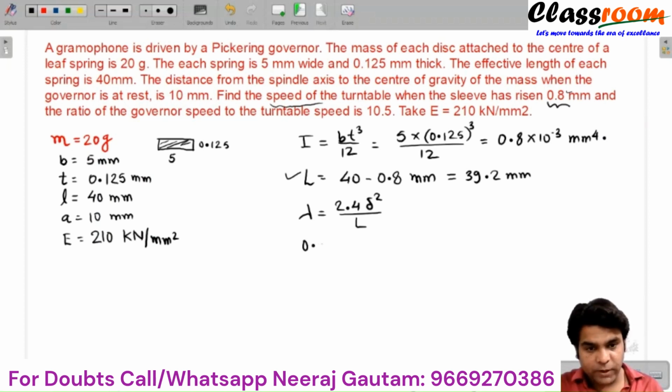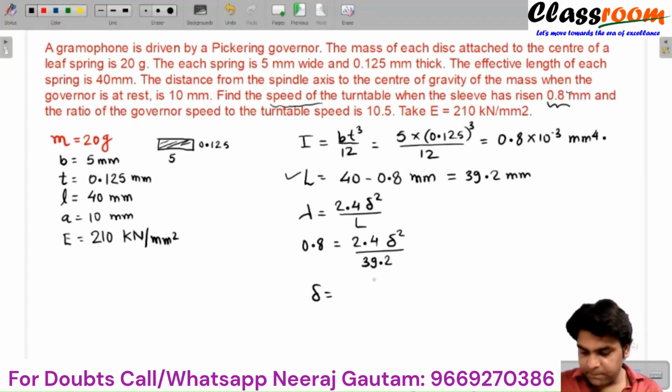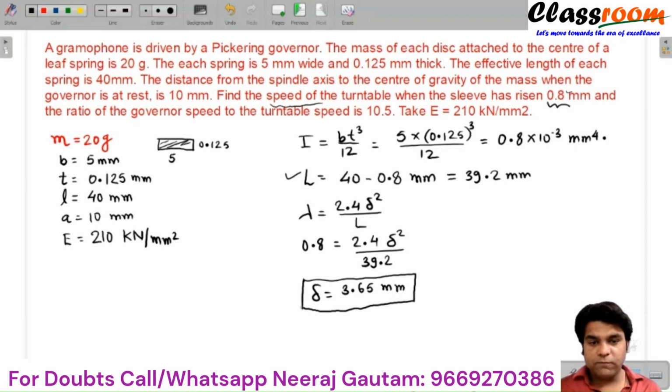Lambda is given 0.8, 2.4 into delta square by 39.2. The value of delta using this relation we can calculate as 3.65 mm.